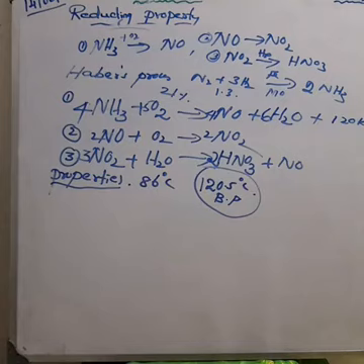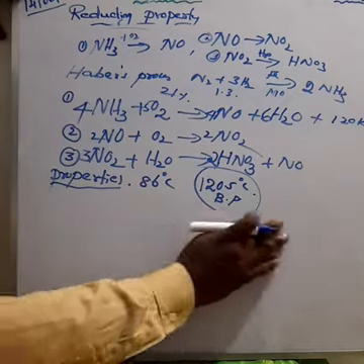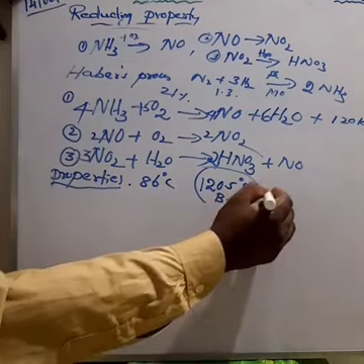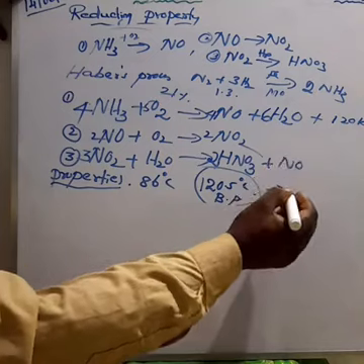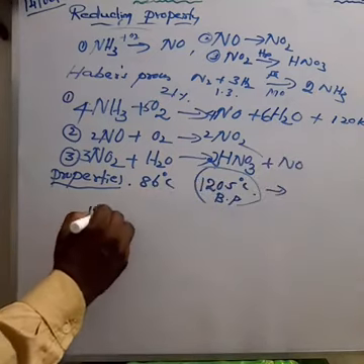Here the fuming nitric acid contains oxides of nitrogen. Nitric acid decomposes on exposure to sunlight. It is converted into NO2, water molecules, and also oxygen.